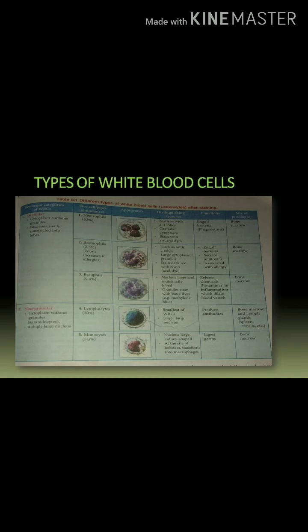Lymphocytes are produced in bone marrow, lymph glands, that is in the spleen and tonsils. Monocytes are produced in bone marrow. So these are the different types of WBCs, but in RBCs we cannot see these types.